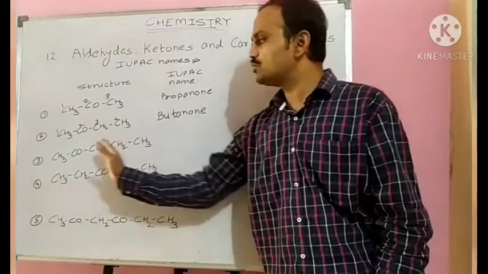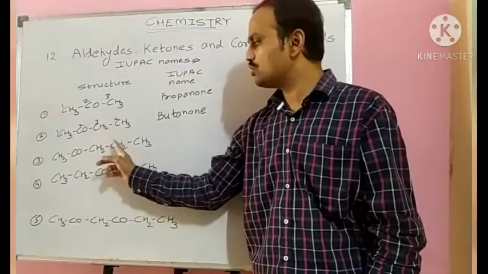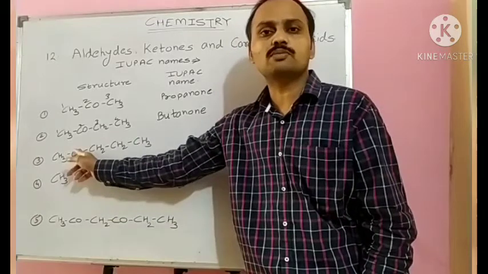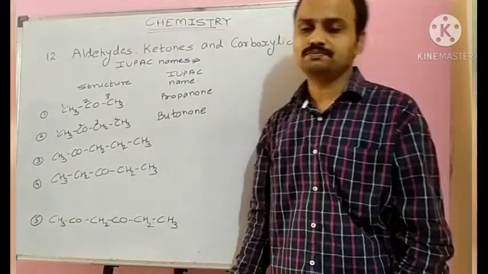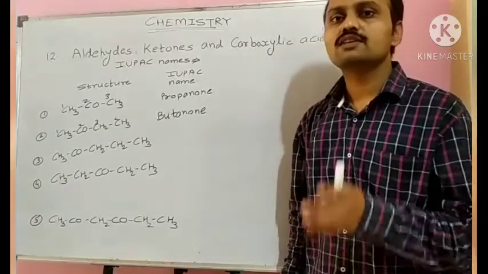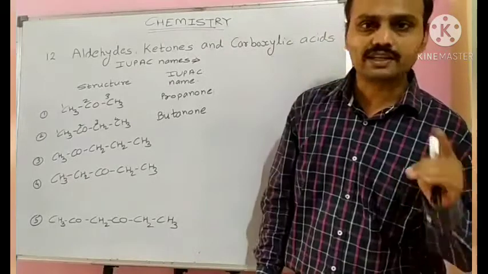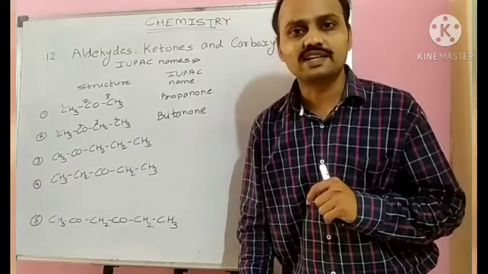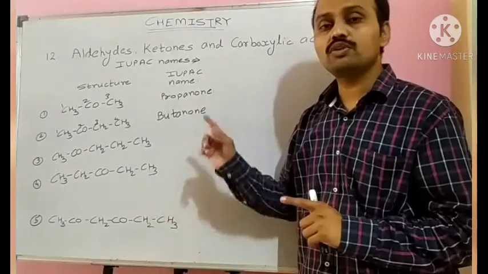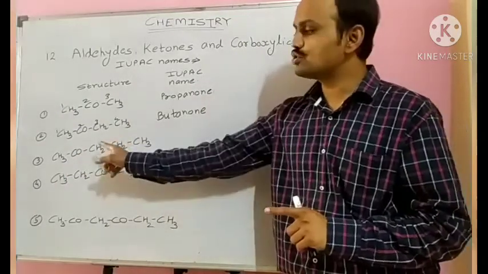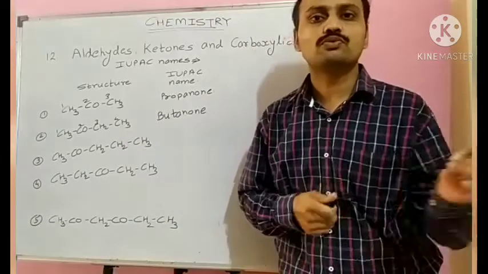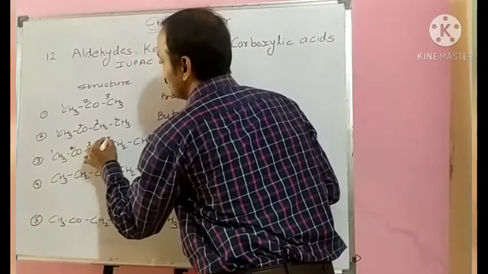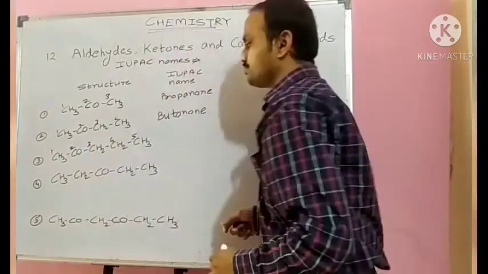From right to left numbering, 1, 2, 3, 4, this C double bonded O carbon is getting fourth number. Which numbering is correct? From left to right, because according to this numbering, this carbon is getting second number, and in this structure we will have to mention the position of the ketonic functional group.